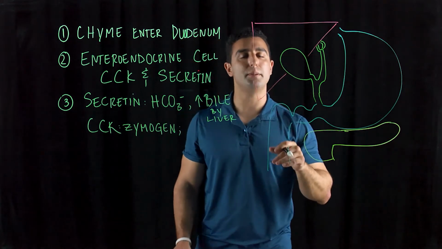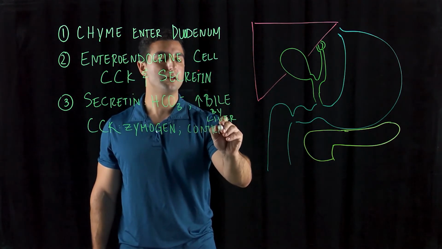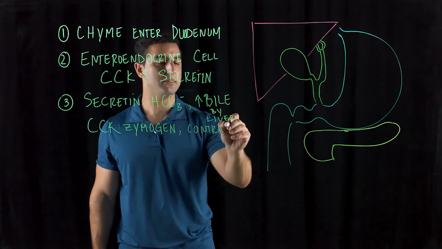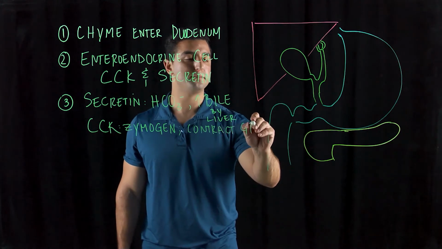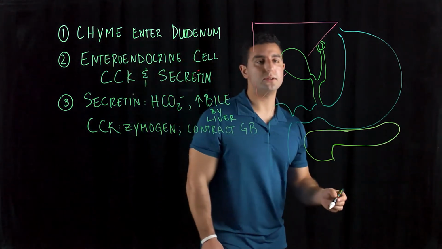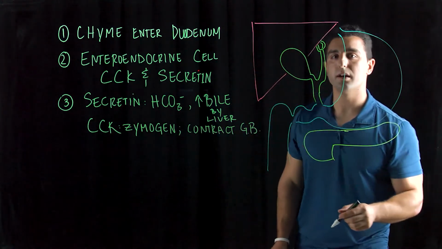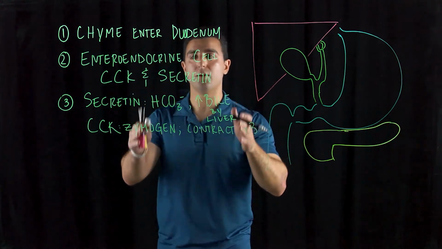CCK stimulates the gallbladder to contract and release bile. So it also increases bile production by the liver, but another main function is to contract the gallbladder to release bile salts into the where? Into the duodenum. And so now you have these two specific hormones.